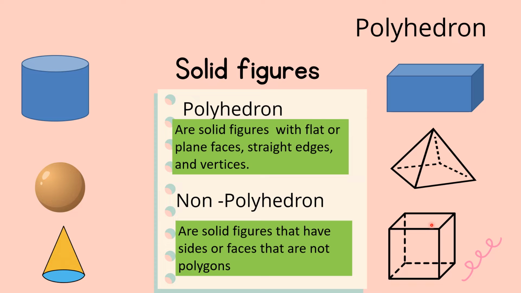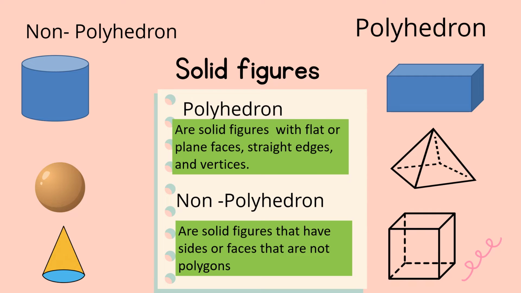And they have vertices, the corners. While the ones on the left side are classified as non-polyhedron because their faces or sides are not polygons.